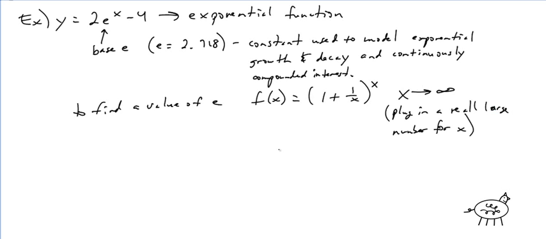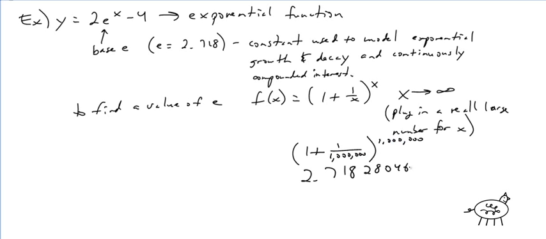Okay, so I'm going to do 1 plus 1 over, going to plug 1,000,000 in. And that's the 1,000,000th power. And if I do that, I get 2.718280469.